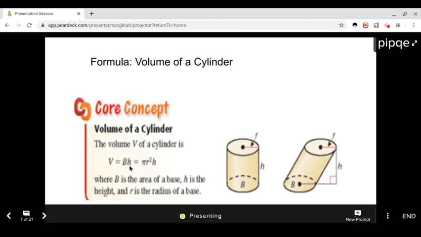So you can still use the volume equals base times height formula, or you can just remember that it's pi r squared h. Again, B is the area of the base, which is the area of the circle, pi r squared, and then h is the height, and r is the radius of the base.